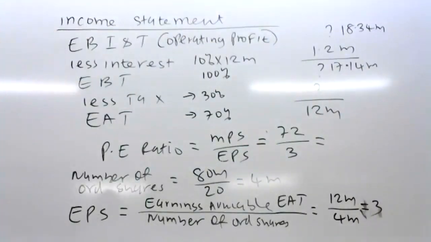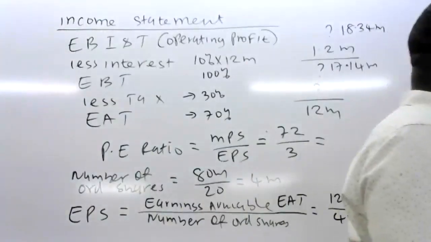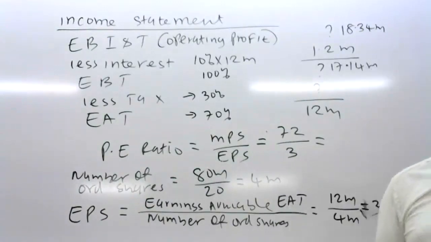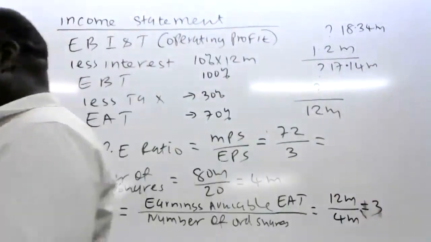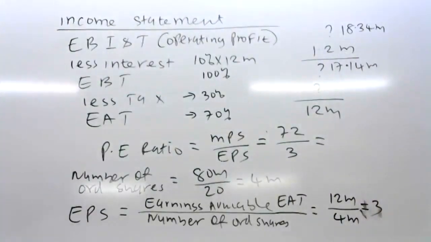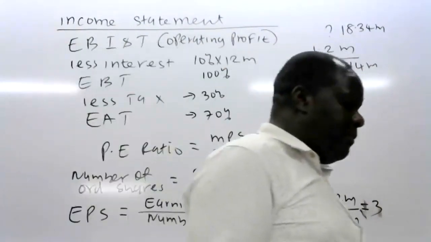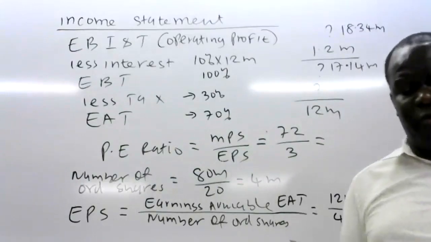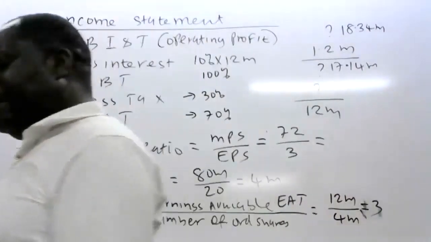The gross profit margin ratio indicates the ability of the company to control the cost of sales. It is calculated as the gross profit divided by the sales, expressed as a percentage. Roman numeral 2 is the operating profit margin. It indicates the ability of the company to control the cost of sales and the operating expenses.